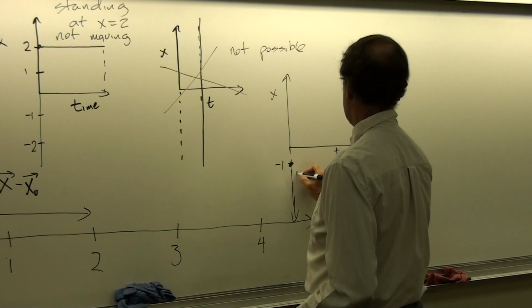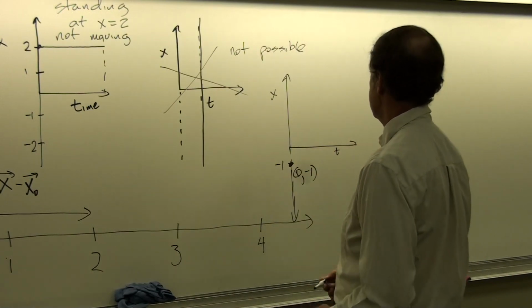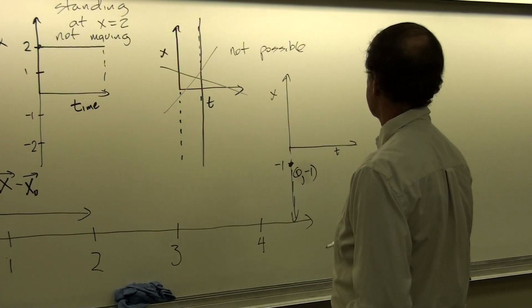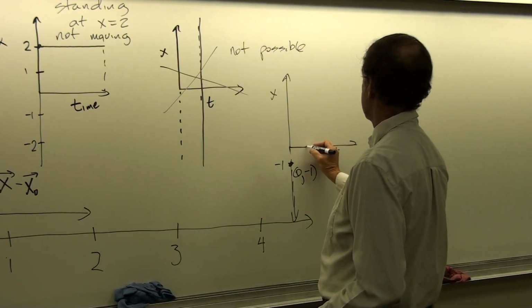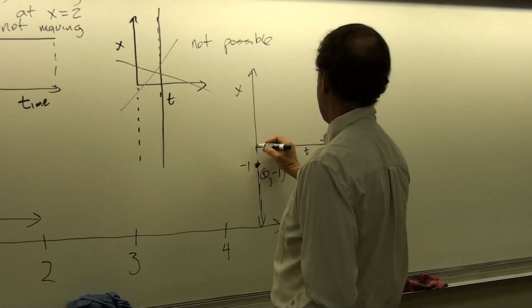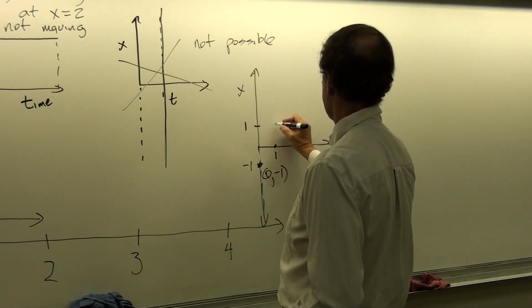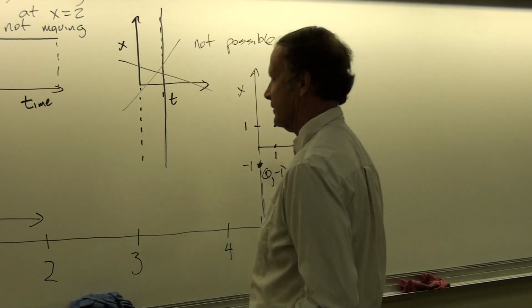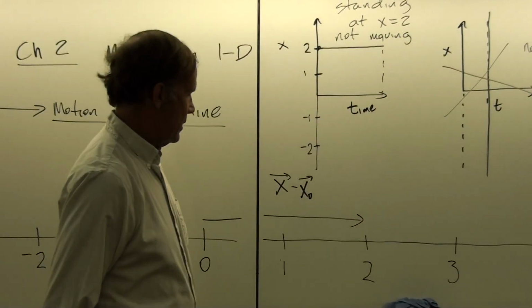So here this would be time equals 0, y equals minus 1. We'll use that convention. And then let's say that at time equals 1 second, we're at x equals plus 1. So now I'm here. After 1 second, I've gone from here to here.